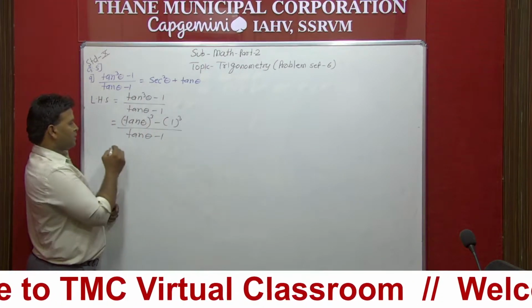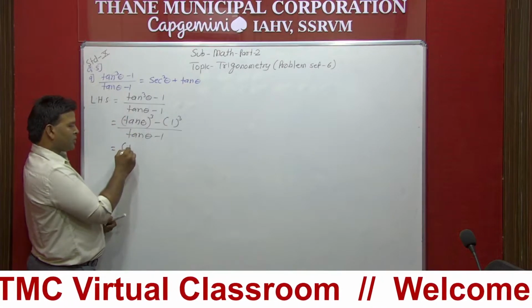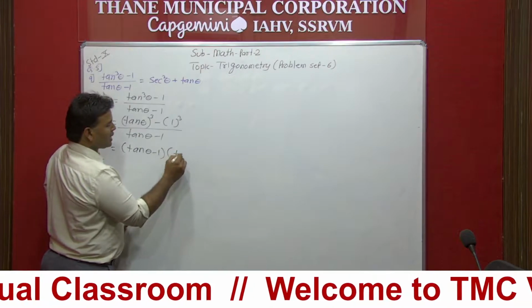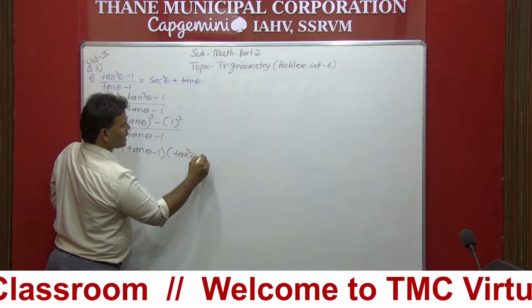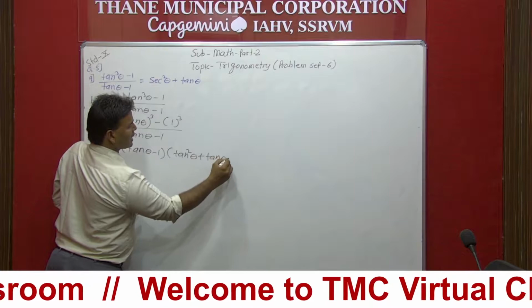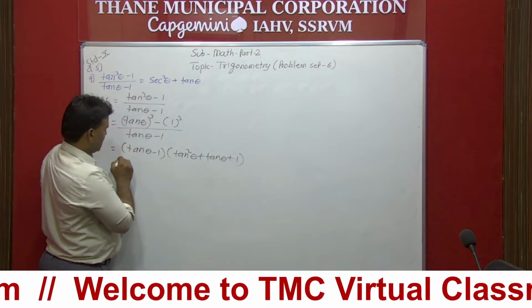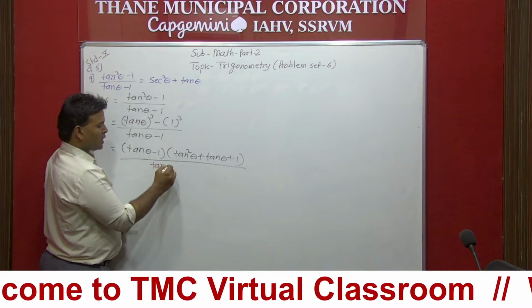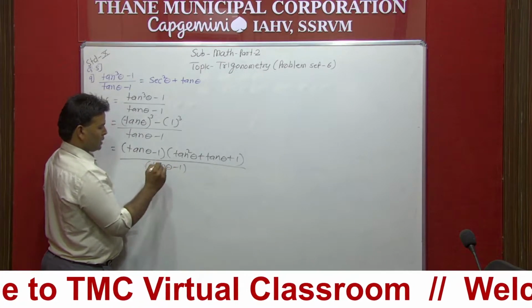So in the next step, I will write down the formula: tan theta minus 1, second bracket, tan square theta plus tan theta plus 1, whole upon this one, tan theta minus 1.